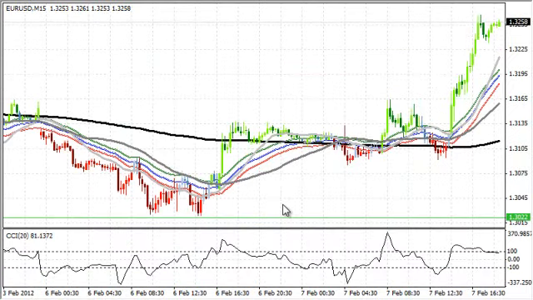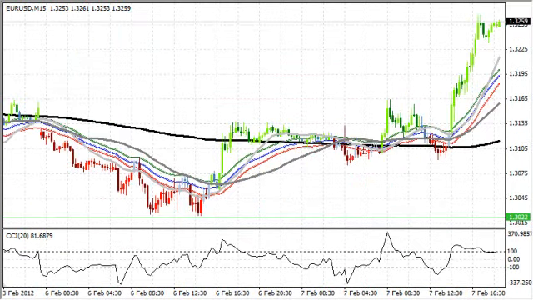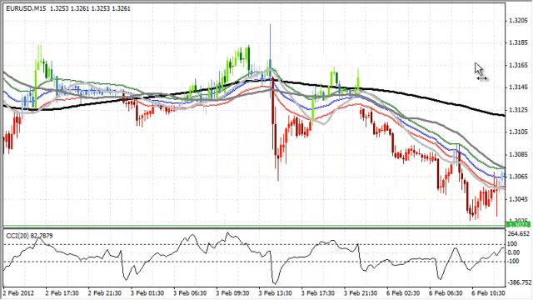The way that I use the CCI, and this is again a 20 period CCI, is to wait for a trend reversal. So let's go back in time just a little bit to where we had a period of time where the market was trending lower.